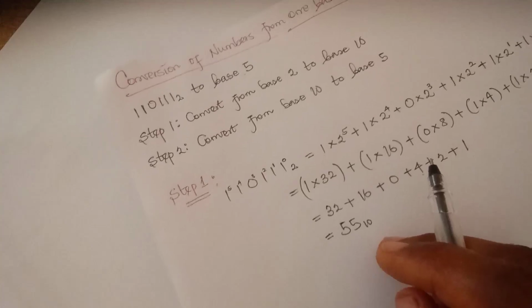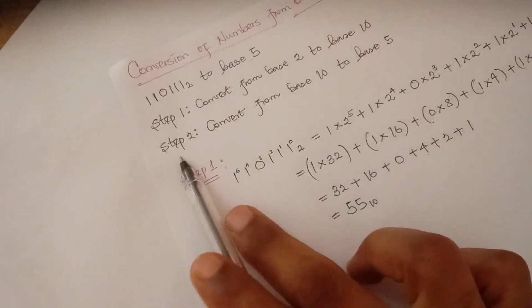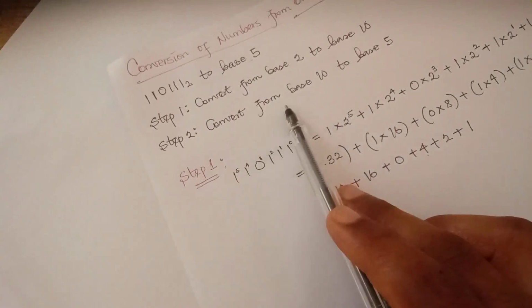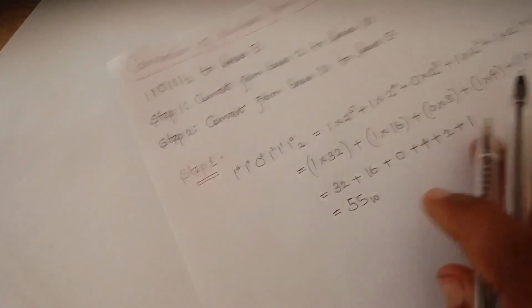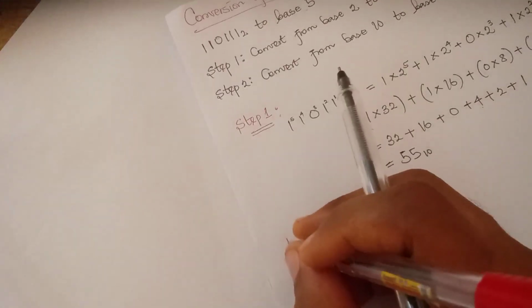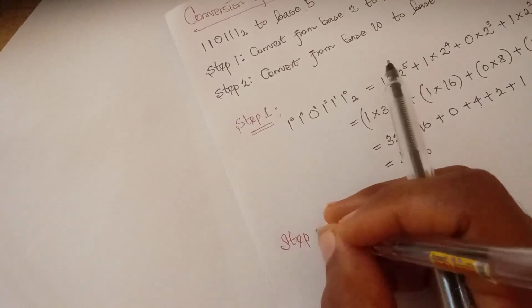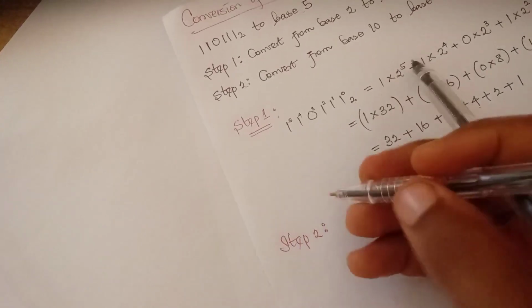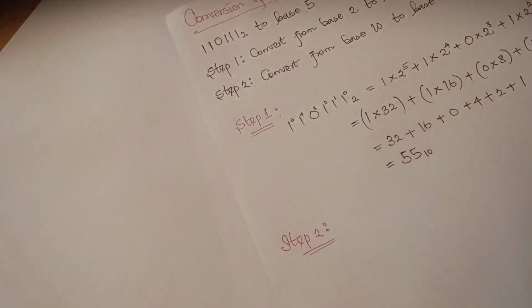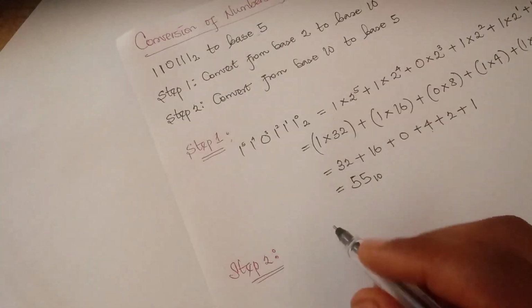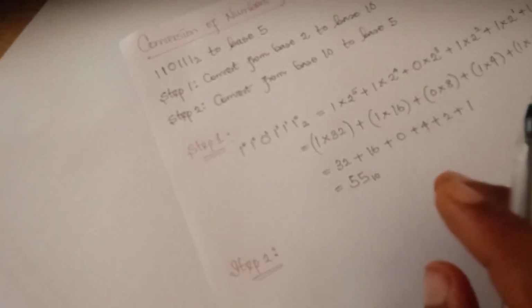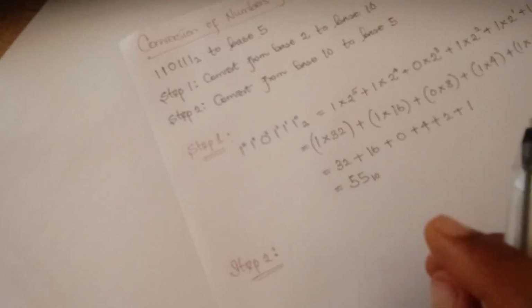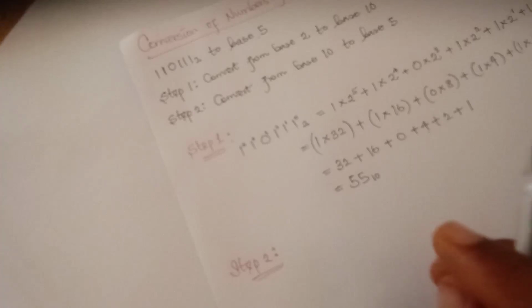So the next thing we have to do is move on to step 2, which says convert from base 10 to base 5. Now when you want to convert from base 10 to any other base, this time you have to divide.